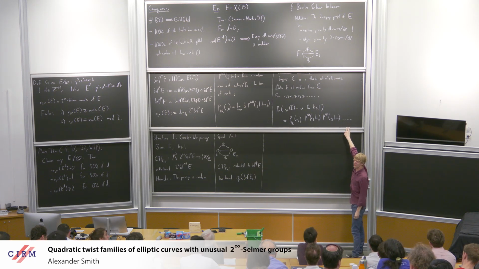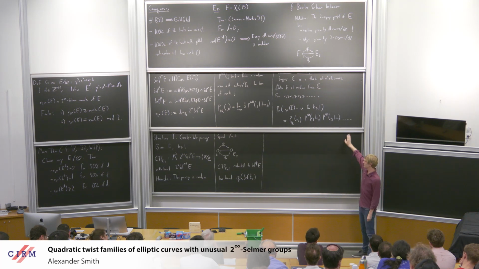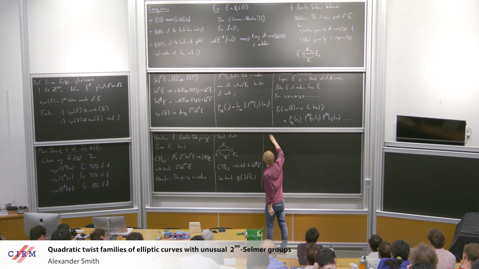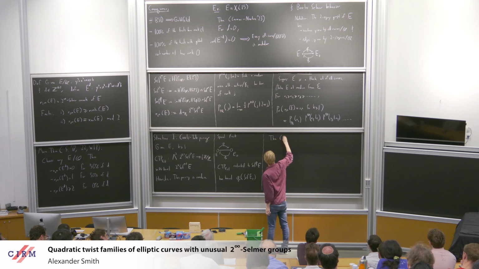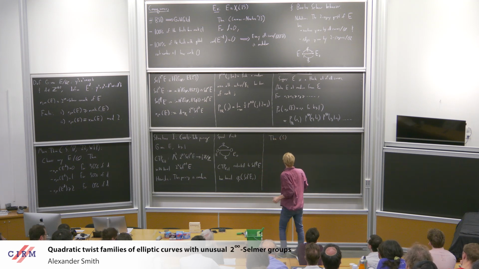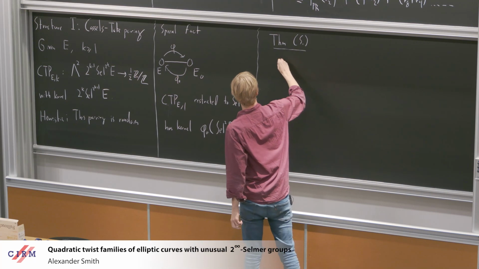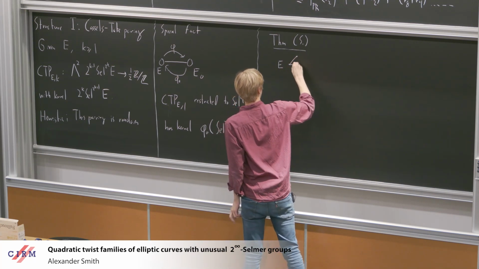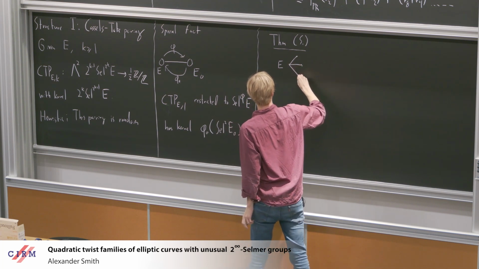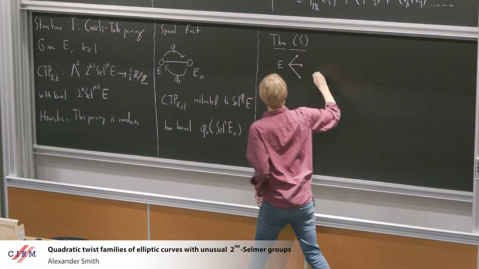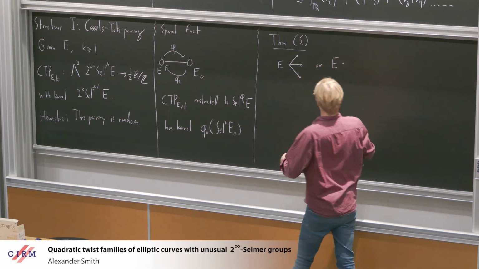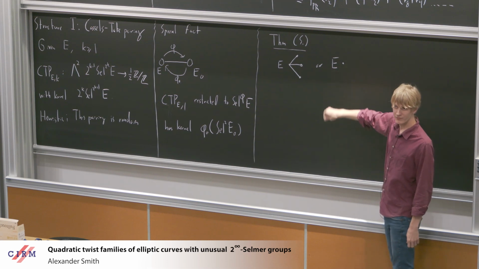In this paper, they talked about sort of thick families, but this philosophy holds true for some smaller families, for some twist families. And so here's a theorem of mine. Suppose we're in either the case where E has 2-isogeny Selmer group looking like this, so with 4 vertices, or that we have E just 1 point.